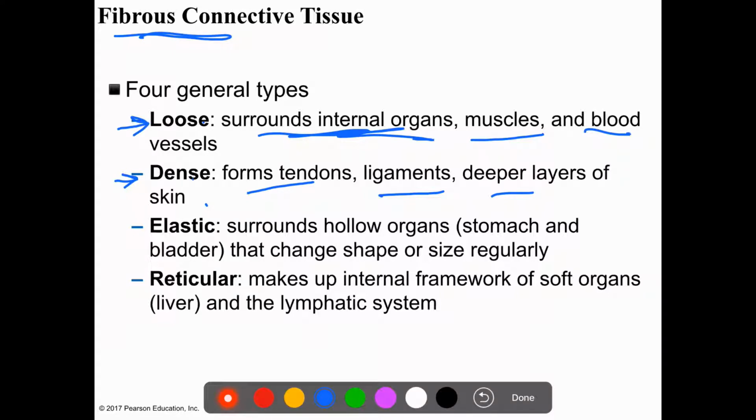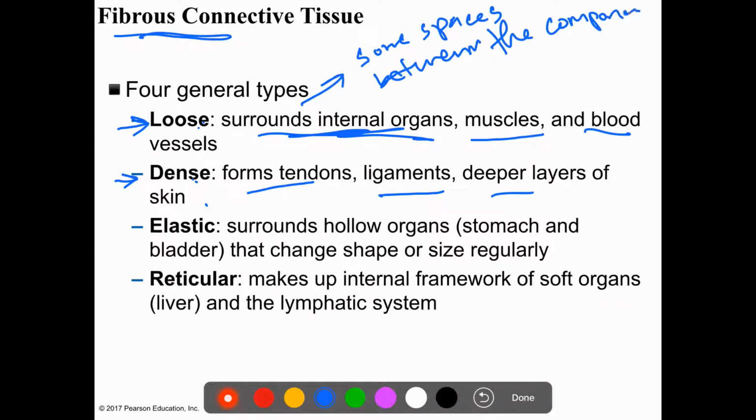Now the difference between loose and dense, and we will see it in an image, is that in loose there are some spaces between the components of the connective tissue, but with the dense there is no space.